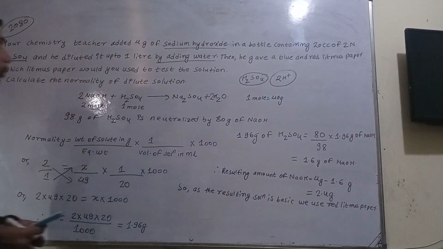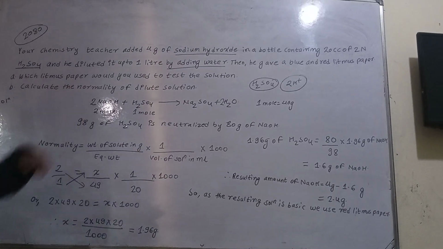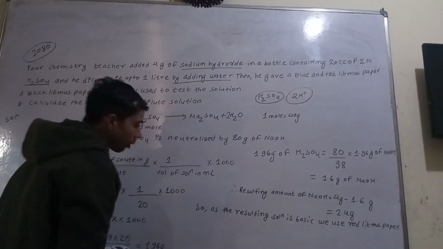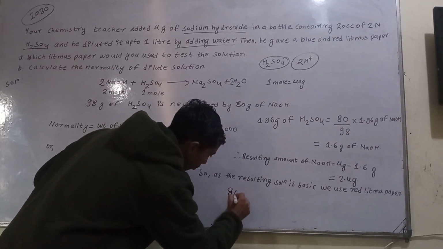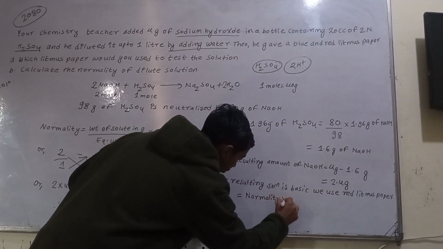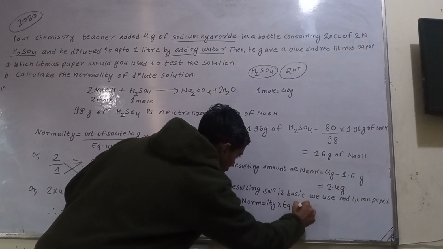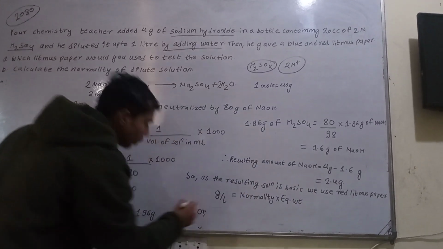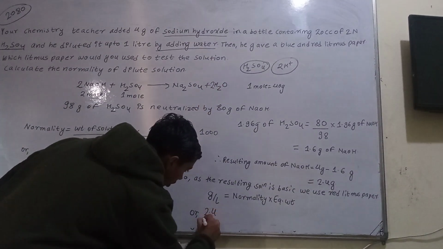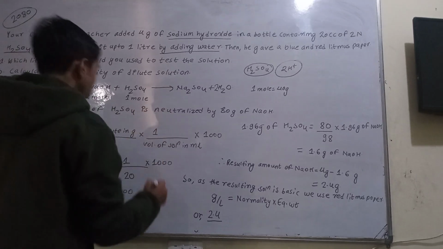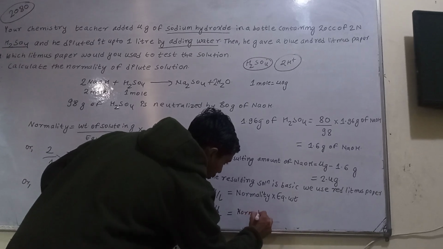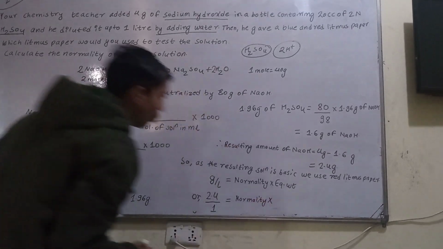Now again we need to calculate the resultant normality of the dilute solution. For this we know the formula that grams per liter equals normality into equivalent weight, where we obtained the amount, that is 2.4. The solution was diluted to 1 liter, and the normality is what we need to find out, and the equivalent weight of NaOH.